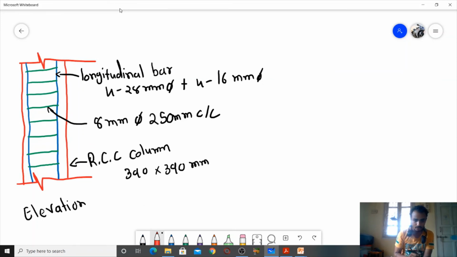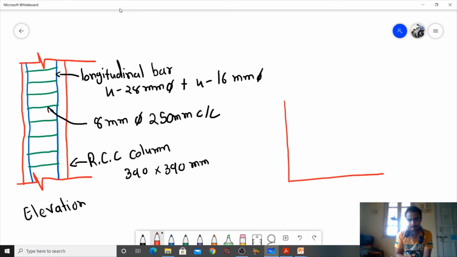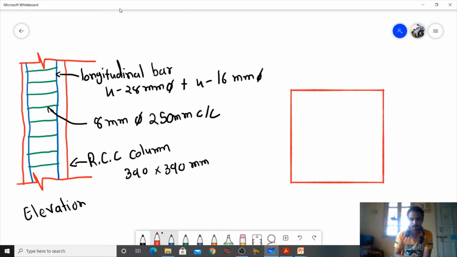Now we have to draw a plan. Now we have 8 reinforcement bars: 1, 2, 3, 4, 5, 6, 7 and 8.